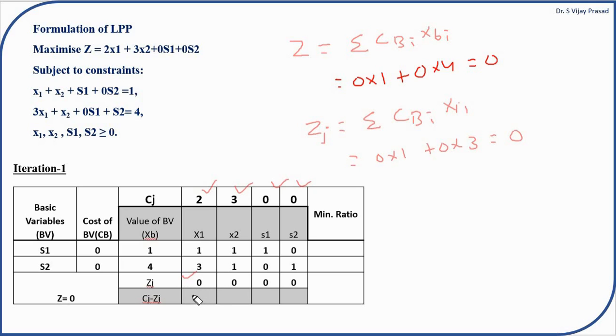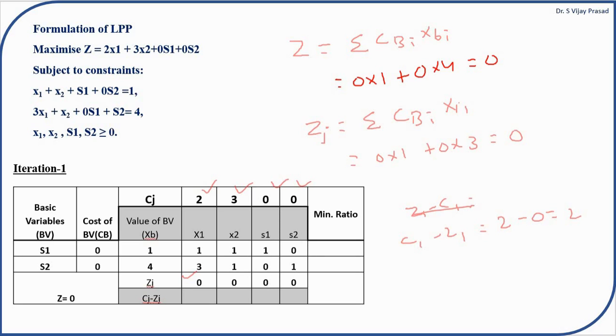Let me calculate CJ minus ZJ for the first column X1, that is C1 minus Z1, which is equal to 2 minus 0, which is 2 only. Now here you have to write down the 2. Similarly 3 minus 0, 3 minus 0 and 3 minus 0.